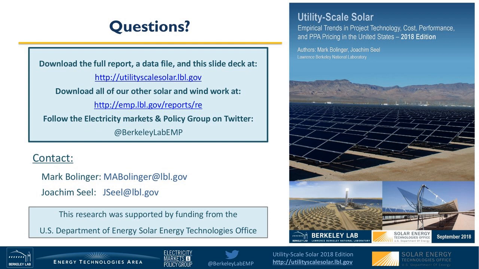One asked, what are the incremental effects of tracking in terms of generation boosts? And it really depends a lot on the solar resource environment that you have. If you don't have that much sun to begin with, tracking that little amount of sun over the course of the day gives you less of a generation boost than if you are in California where you have a lot of sun and you really get a lot more of a premium. It was shown on one of the slides as well.